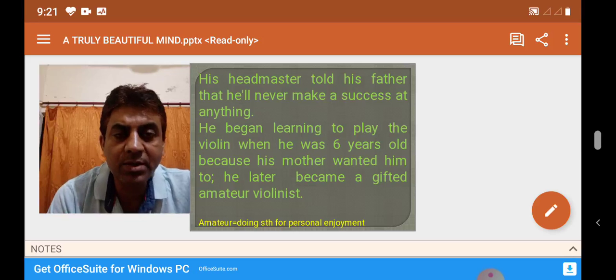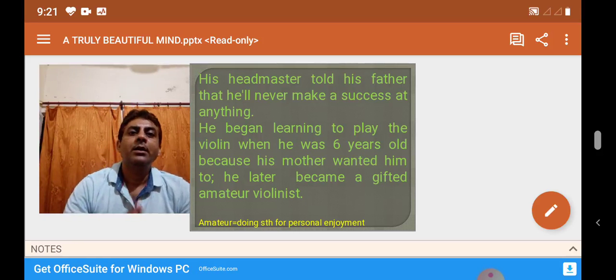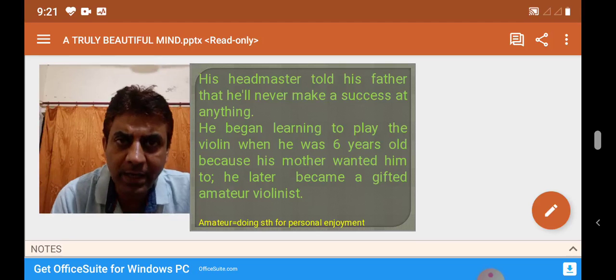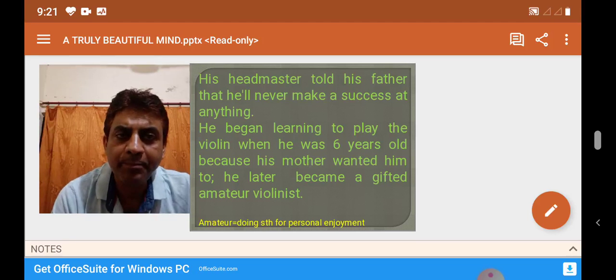Once his headmaster told his father that Einstein will never get success in any field, whatever the field may be. He is never going to be successful in his life.